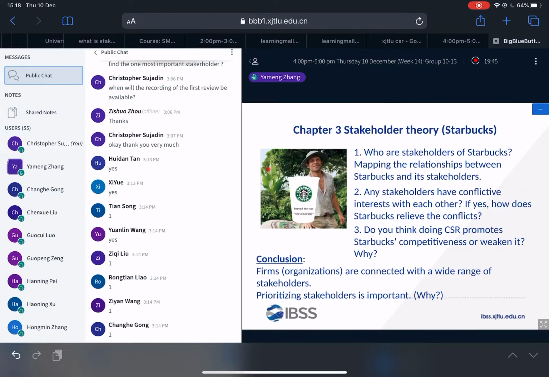So in this chapter, back to chapter 3, we talk about stakeholder theory, right? So can any students tell me, how do you understand stakeholder theory? Because we also ask you to use stakeholder theory to analyze the first task in our final coursework. Okay, so can any students share your opinion on how you understand stakeholder theory?